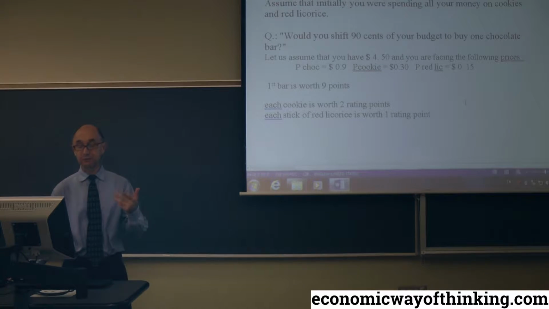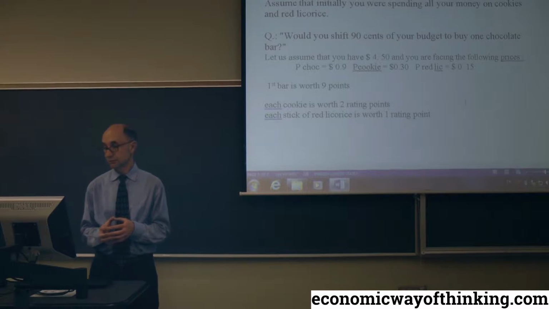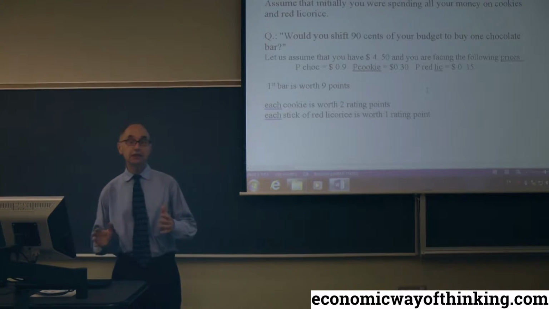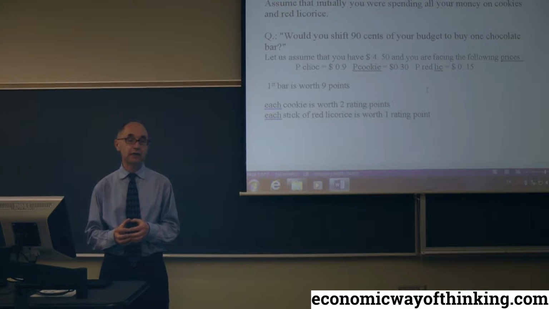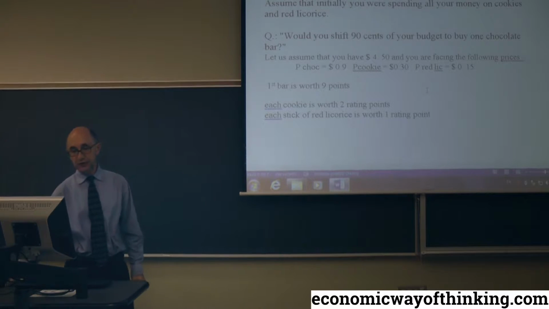So let's conduct that experiment visually. You want to reallocate 90 cents. So assume initially you're spending all your money on cookies and red licorice, and now you want to buy 1 chocolate bar. In terms of the money, you are allocating 90 cents. But now let's look at the reallocation in terms of the goods you gain and the goods you give up. You gain 1 chocolate bar, and you get 9 points for this.